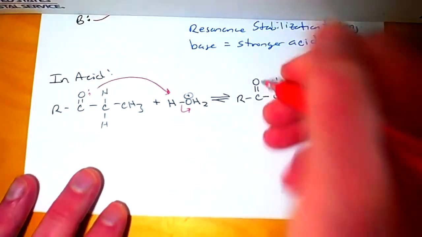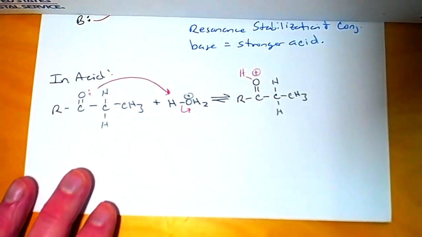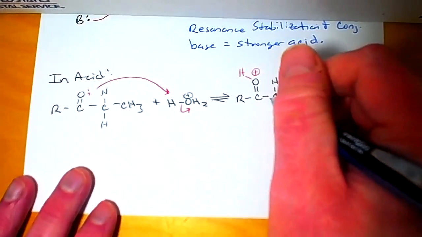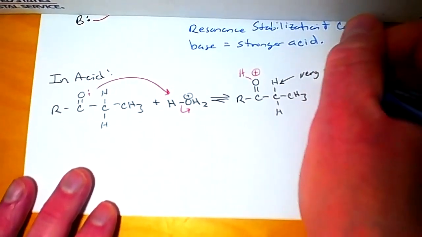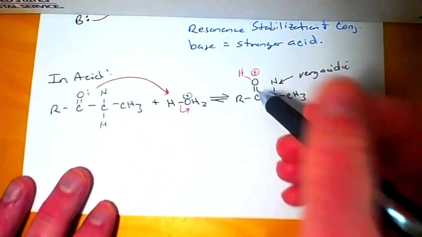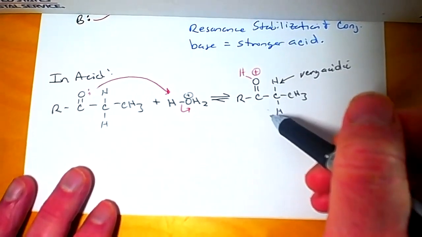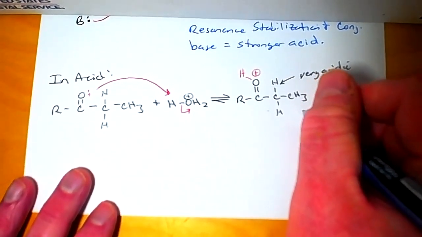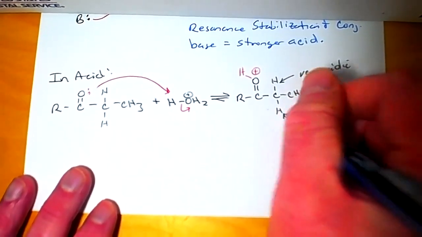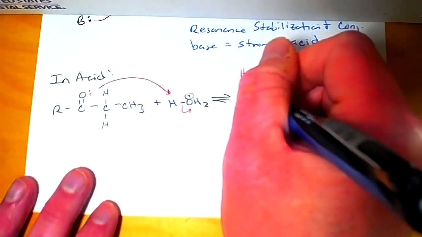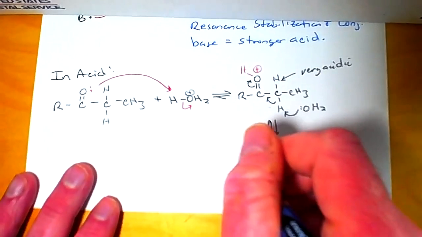Now, as soon as you do that, that is making these alpha hydrogens right here at this position very acidic, because now the oxygen is positively charged, and that is pulling electron density out of here like crazy. So that means that even weak bases like water could potentially deprotonate these systems.